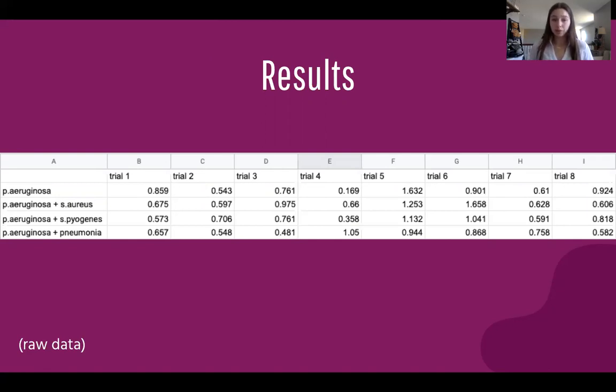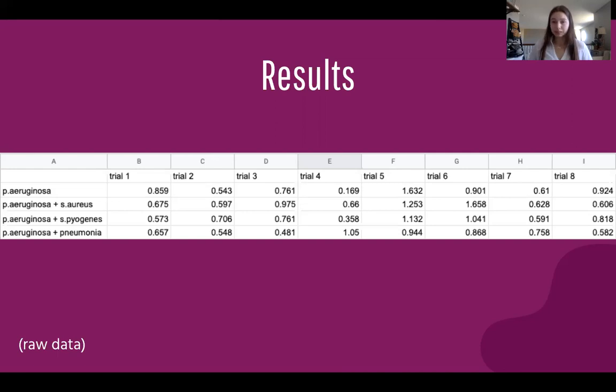In trial 4, one of the first times it showed that bacteria didn't grow was with pneumonia, and it had 1.05. And you can see from the rest of the trials, trials 5, 6, 7, and 8, some of the numbers were higher too. We conclude from that that after trial 5 and so on, the bacteria didn't grow as much as in some of the earlier trials.